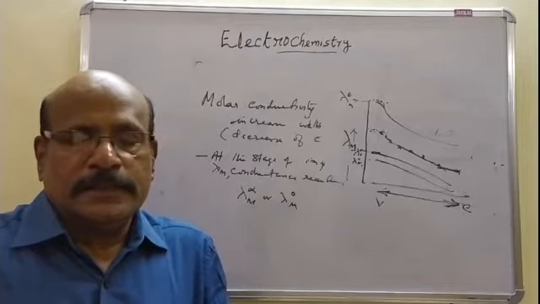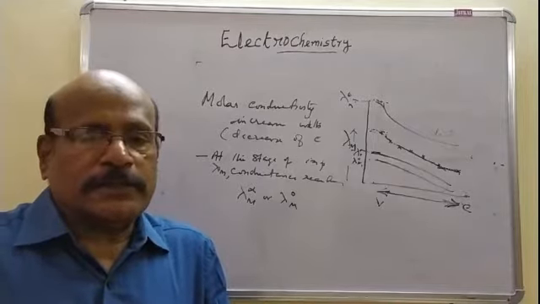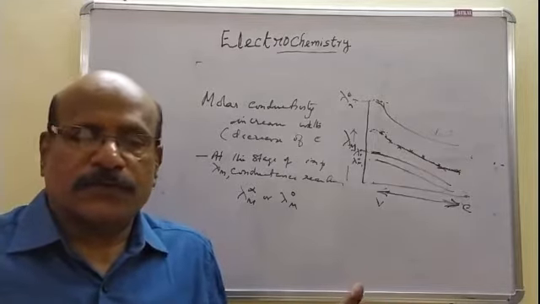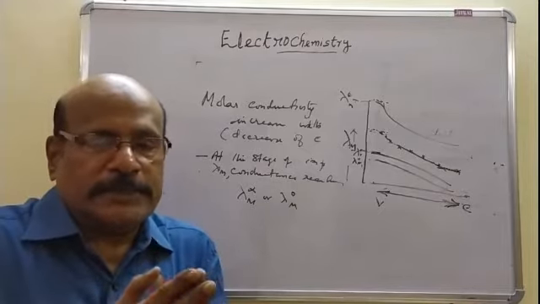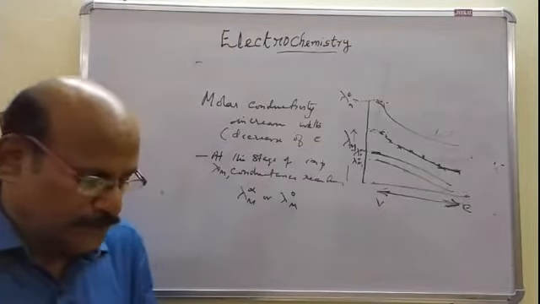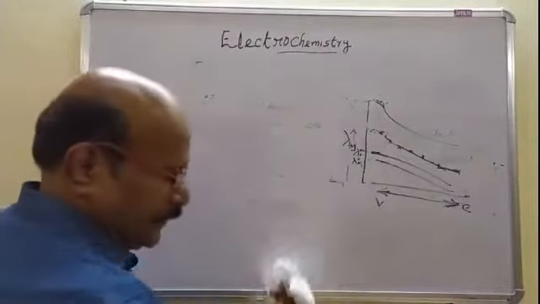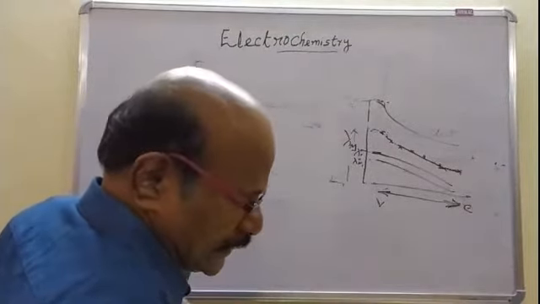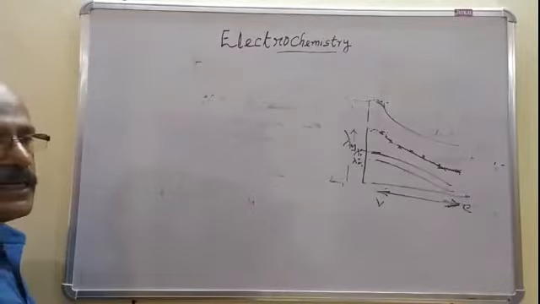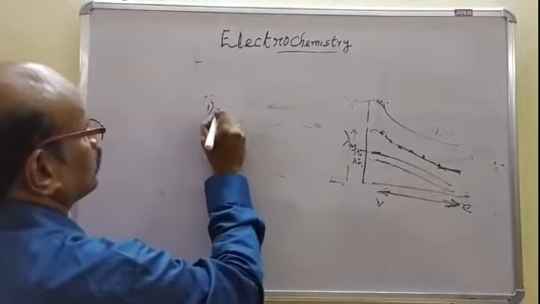One is the strong electrolyte and the other is the weak electrolyte. So electrolytes can be generally classified into two: a weak electrolyte and a strong electrolyte, depending on the variation of the molar conductivity with the dilution.